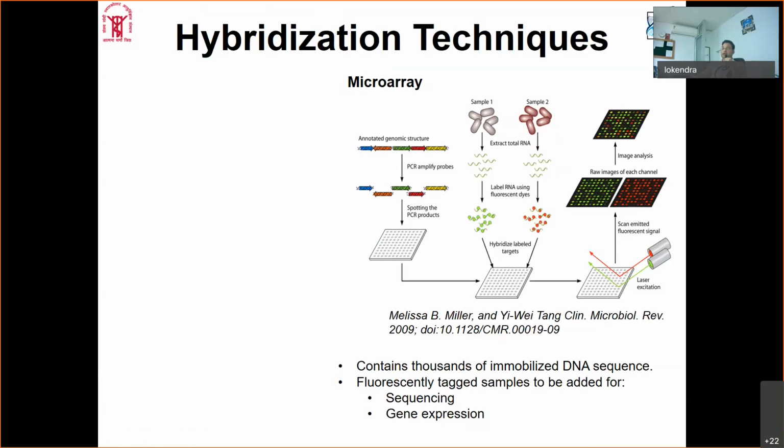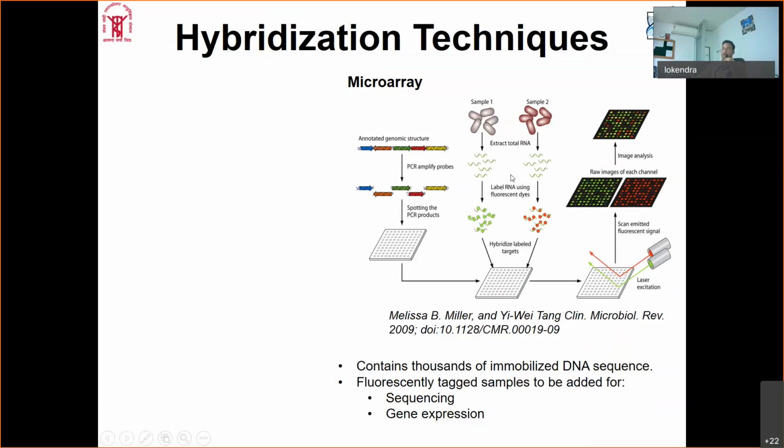And they are hybridized. So for example, if one has to identify how much sample one differs in terms of RNA expression from sample two, in sample one they isolate total RNA and label it with a certain dye that is specific to sample one. And sample two is labeled with a different dye.